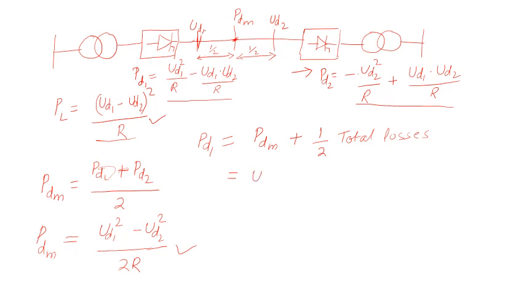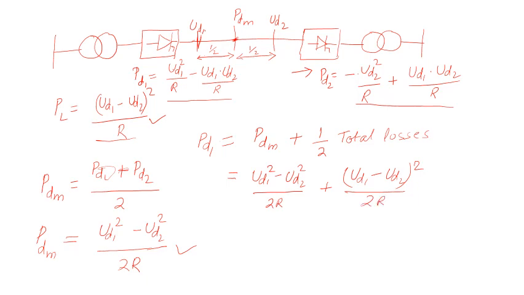So what I can write here, PD1 is UD1 square minus UD2 square divided by 2R, plus half of the total loss, so UD1 minus UD2 whole square divided by 2R.